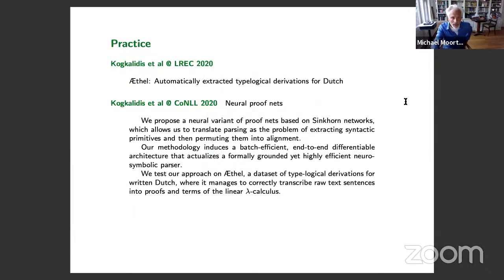Now, in practice, there's a couple of papers that you can look at. There is an LREC paper, which is called ETL, and this is a resource of automatically extracted typelogical derivations using this type system for Dutch. This is talking about real data, something like 65,000 sentences for 1 million words or so.